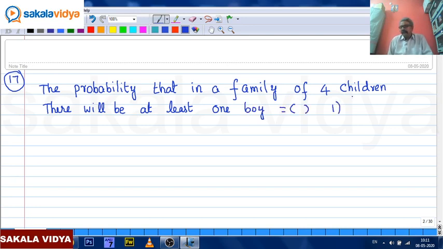First option is 13 by 16, second option is 14 by 16, third option is 15 by 16, fourth option is 12 by 16.